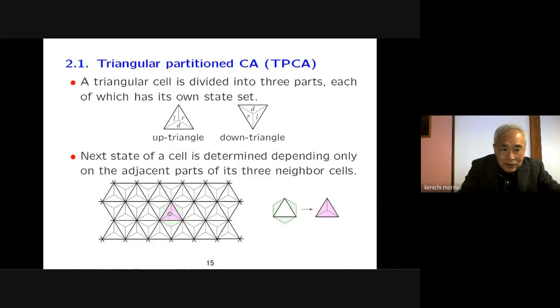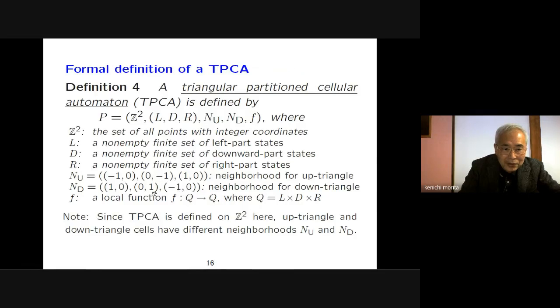It has three neighbors: left neighbor, downward neighbor, and right neighbor. But down triangle has left neighbor, upward neighbor, and right neighbor. Therefore, neighborhood is slightly different for up triangle and down triangle.